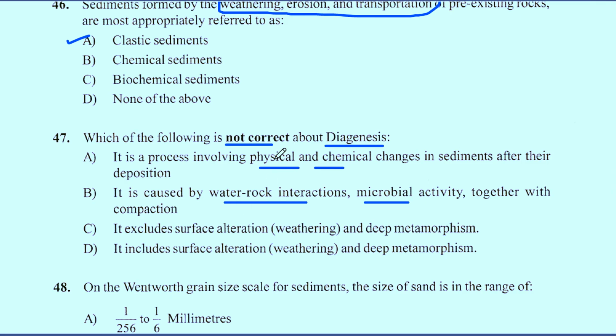So we have to answer which one is not correct. It excludes surface alteration and deep metamorphism. The next option is it includes surface alteration as well as deep metamorphism. So this is the wrong option.